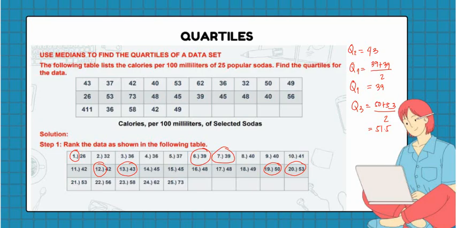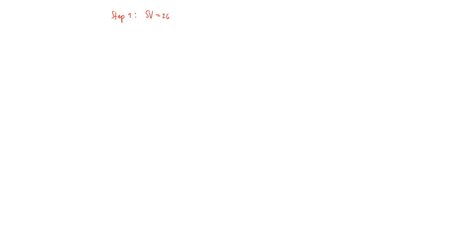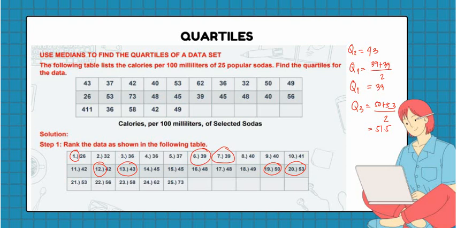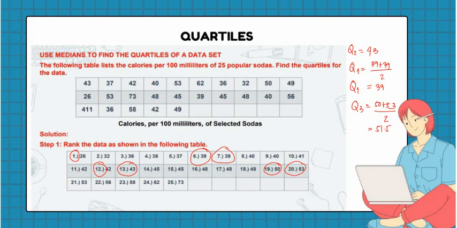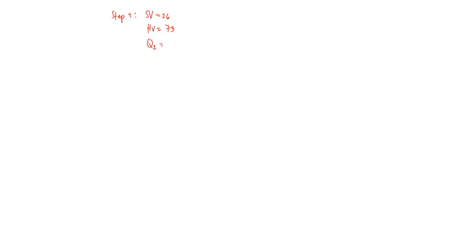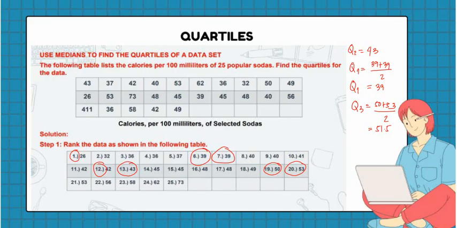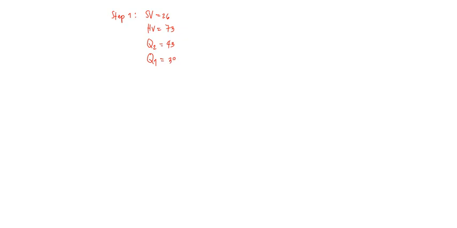That is our smallest value, which in this case is 26, and then our highest value, which is 73. Then our Q sub 2, which is 43, our Q sub 1, which is 39, and then our Q sub 3, which is 51.5.